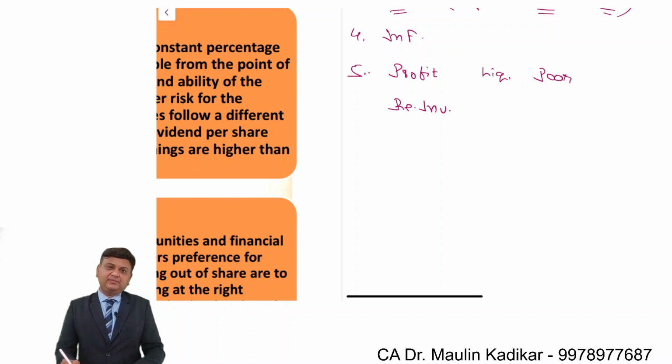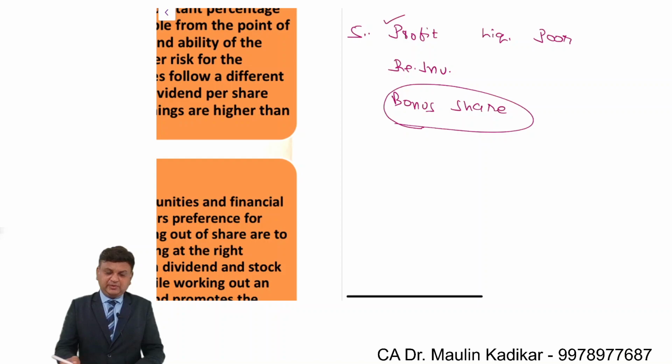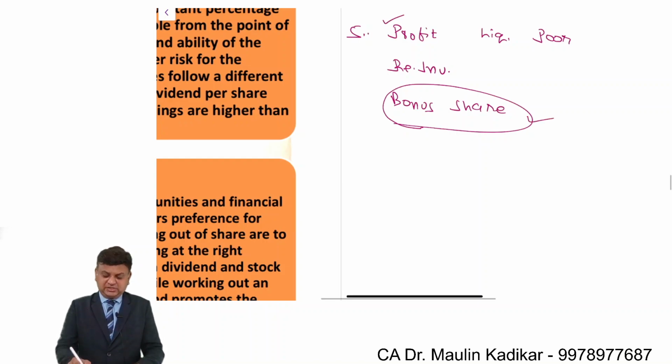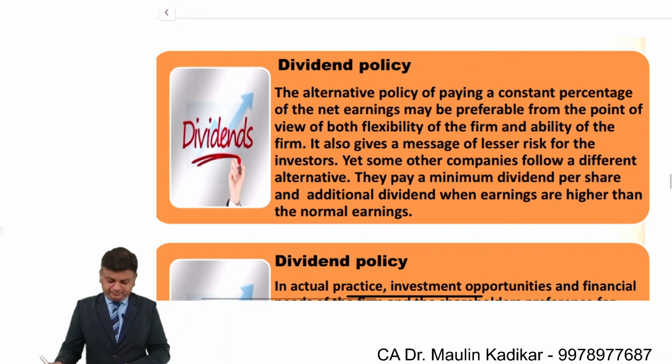In that case, what the company can do is issue bonus shares. Issuing bonus shares is possible because there is a profit. If you issue the bonus shares, then your poor liquidity position is not going to be affected, and investors will also be able to get liquidity if they want, by selling their investment in the secondary market. These are certain things that you have to consider.